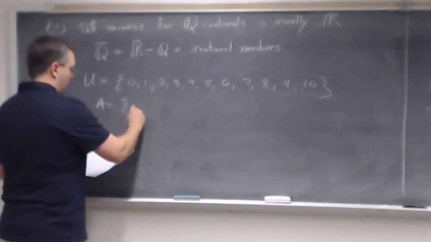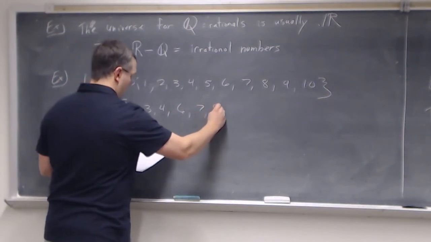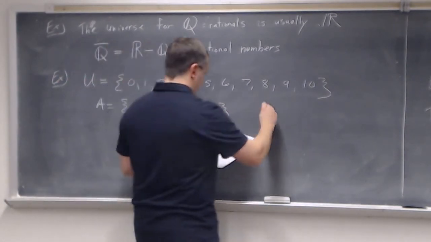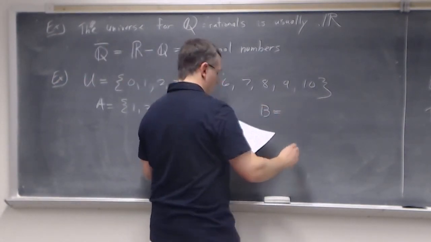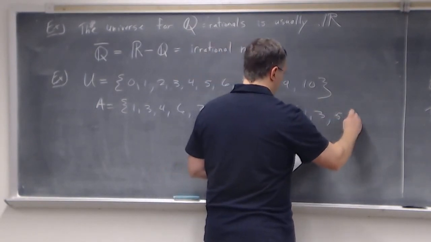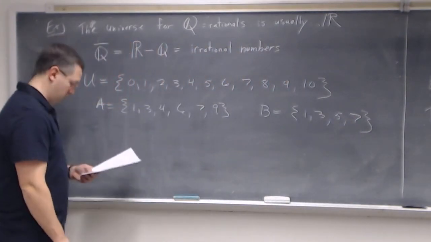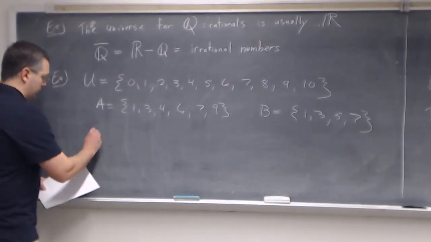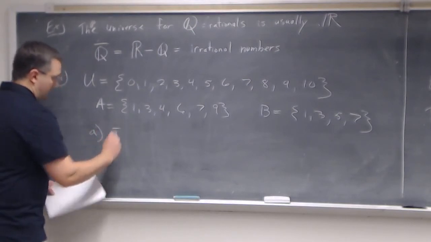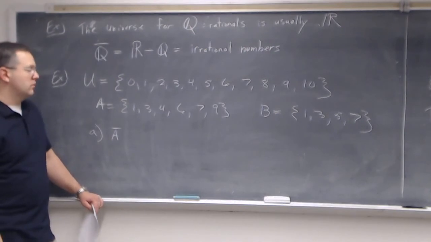A is the set 1, 3, 4, 6, 7, 9. B is a set containing 1, 3, 5, and 7. What's the complement of A?